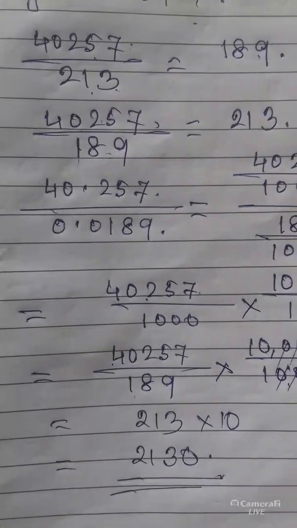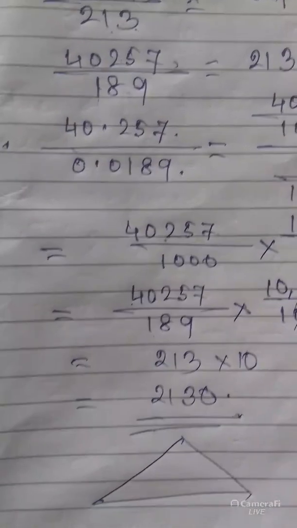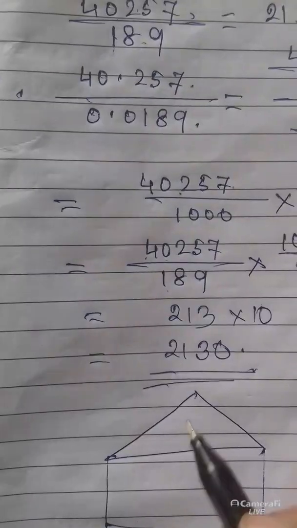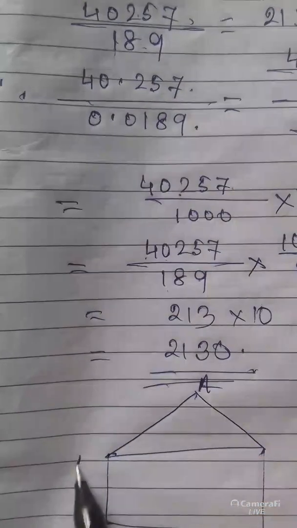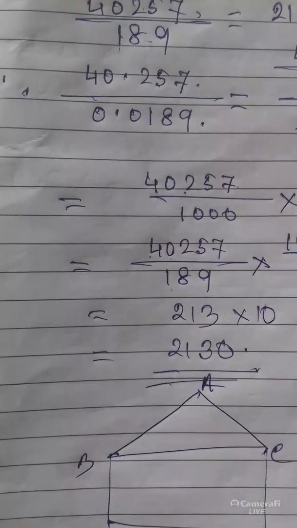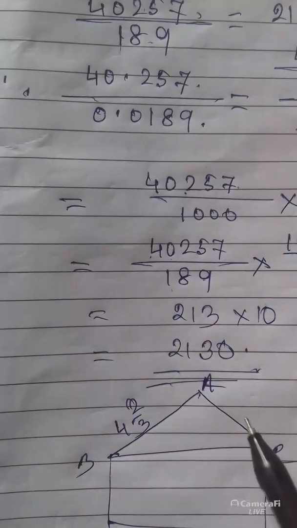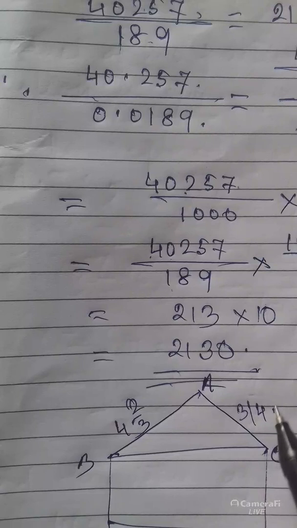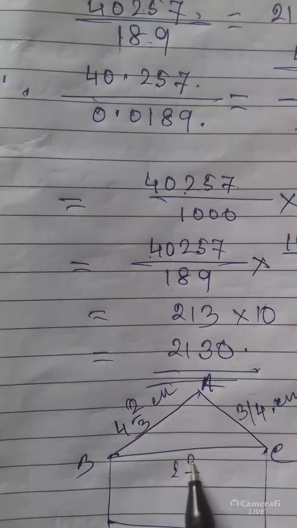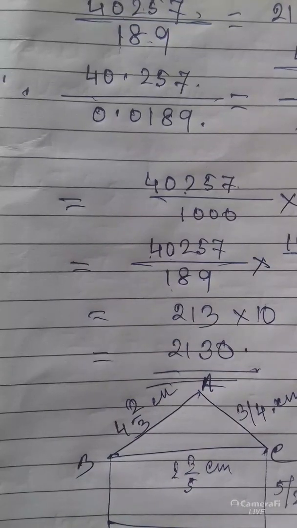Now another type of math. This is a triangle and this is a rectangle. A, B, C, D, E. AB is 4 whole 2 by 3, AC is 3 by 4 centimeter, BC is 2 whole 3 by 5 centimeter, and this is 5 by 2 centimeter.